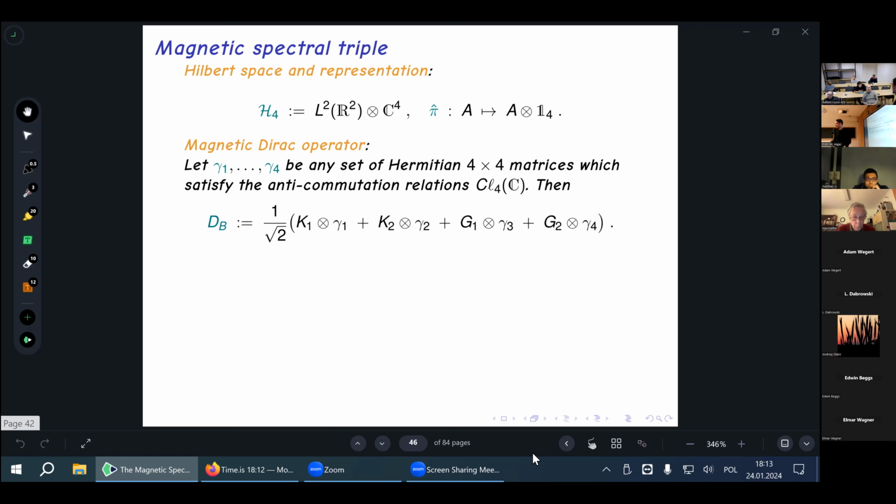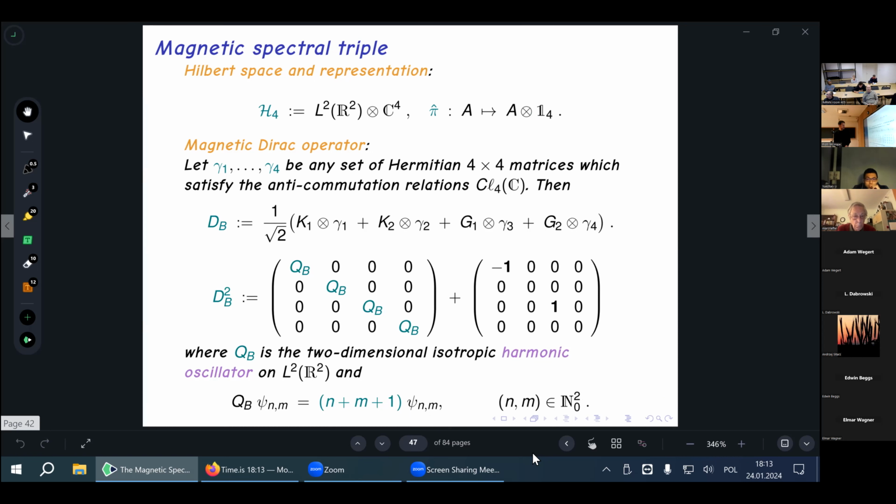But then I will give you an explicit realization. Why is it so? Because if I now compute the square of this operator, it is diagonal plus a small correction that does not cause any problem.